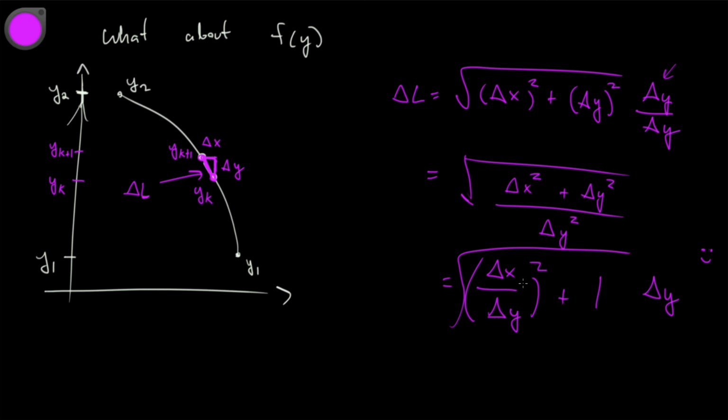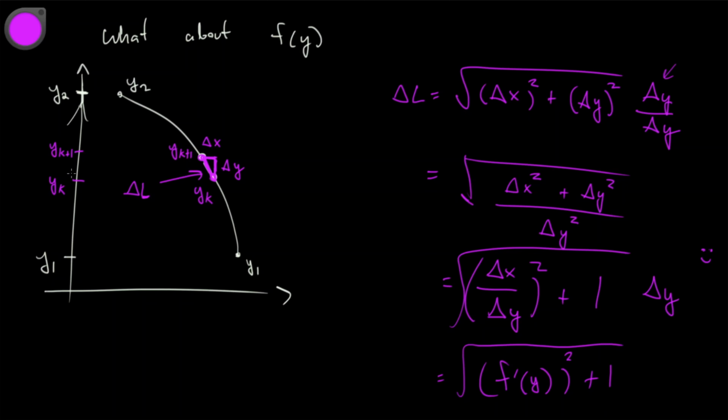And can we turn this into a derivative? Yes. And the reason why, once again, same as before, the difference between this and before, the mean value theorem is still going to work.